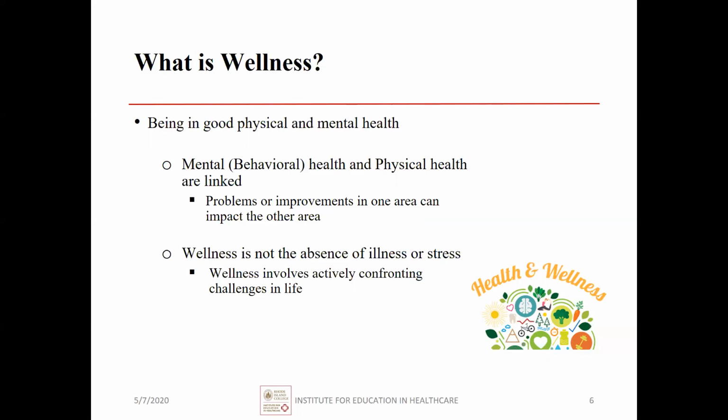When we think about wellness, wellness is an interesting term because it's not about opposites. It's not about the opposite or the absence of illness or stress. It's really about having the skills and the resilience to move forward no matter what you're confronting, and to do so in a way that allows you to continue to function and to maintain your full self going forward.